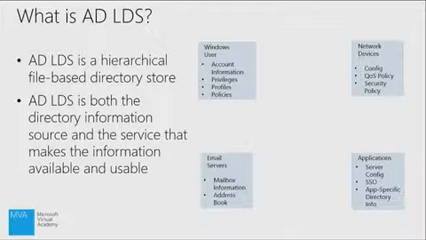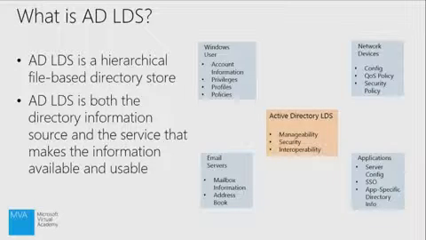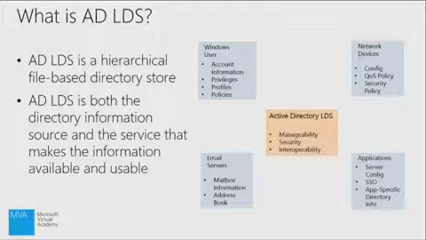Windows users, network devices, applications, and email servers. I can use Active Directory Lightweight Directory Services to store, replicate, and access information, the same information that I could track in Active Directory Domain Services: names, locations, application information specific to that application. I can use ADLDS to access and use that information.